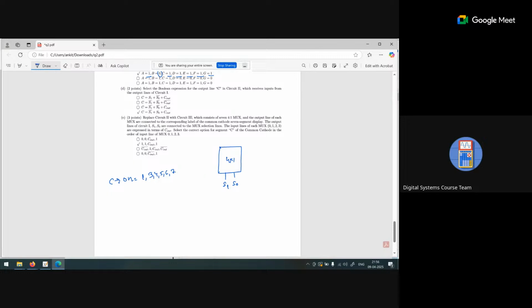So C is on for 1, 3, 4, 5, 6, and 7, and C is off for 2.